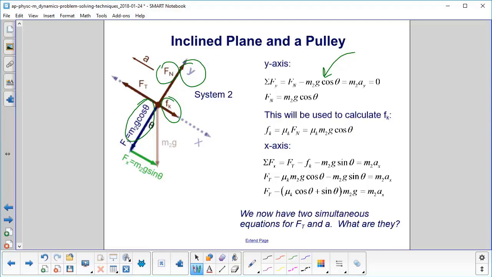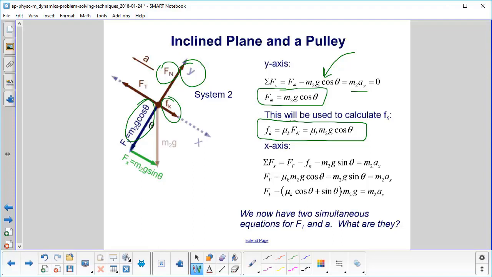And that's going to be m2ay, and that will be equal to 0 because it's not bouncing up and down. So the normal force is m2g cosine theta. Friction now is mu k, kinetic friction coefficient, times the normal. So that will be mu k m2g cosine theta.